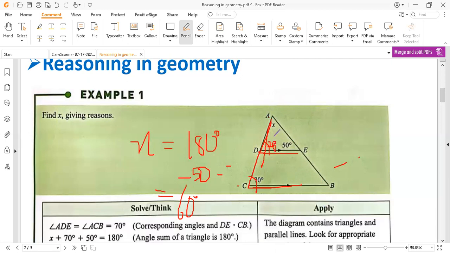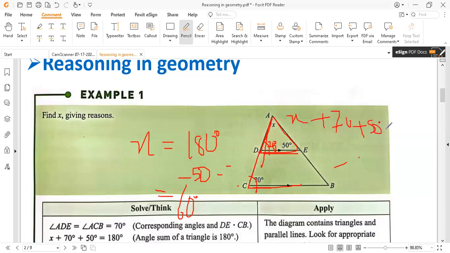As a result, we can work in the smaller triangle ADE. We have 70, we have 50, and we know that the sum of all angles, x plus 70 plus 50, equals 180.